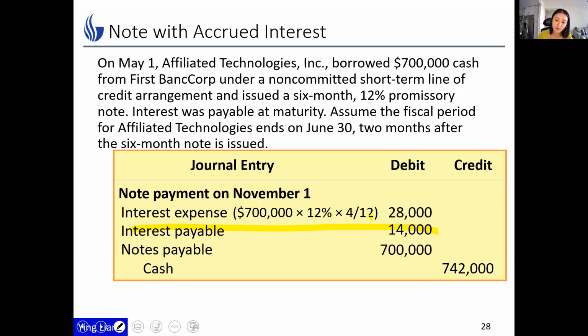So we do the same thing using the formula, this time using 4. These are the new interest expense that you haven't recorded. In total it is $28,000. So we still debit interest expense for those that you haven't recorded. Also, we need to pay out the note, a total of $700,000. Now you're going to pay $742,000.